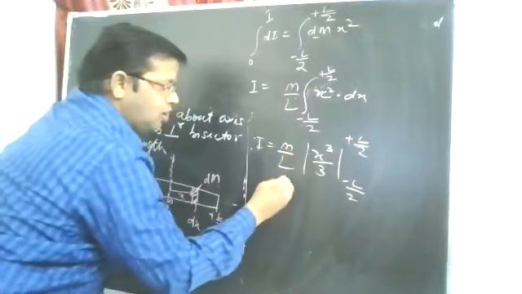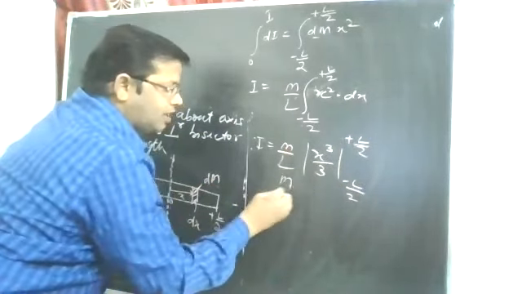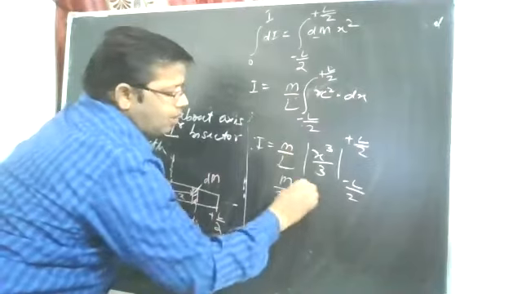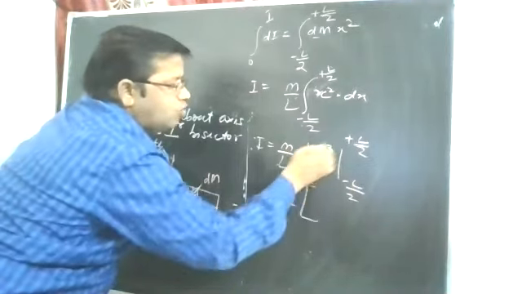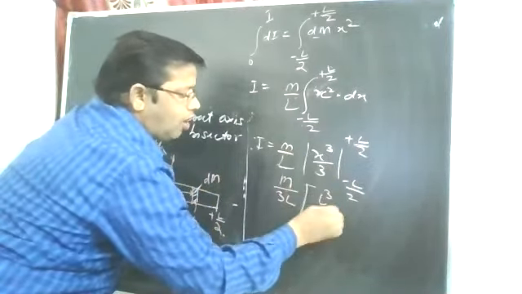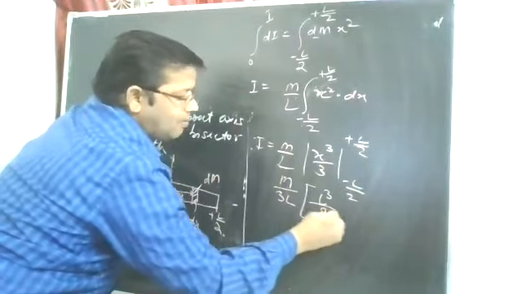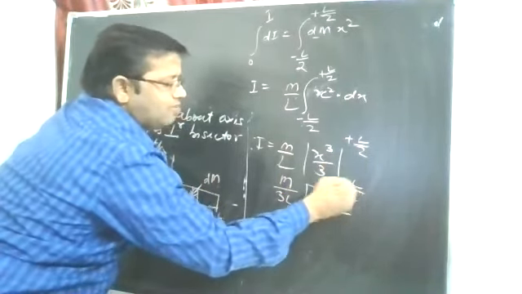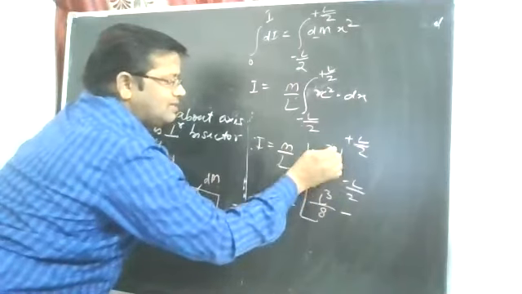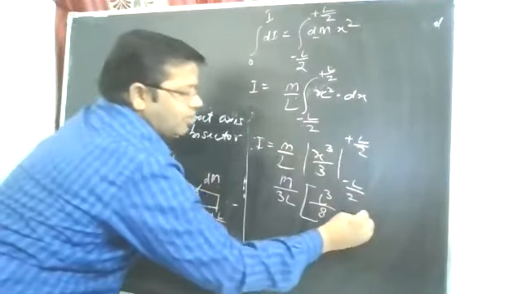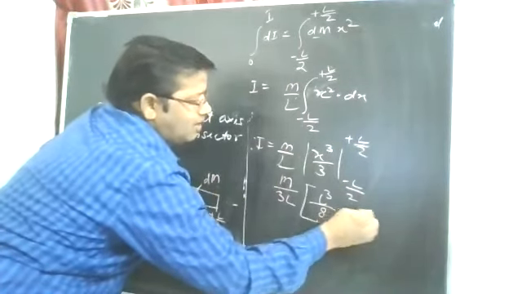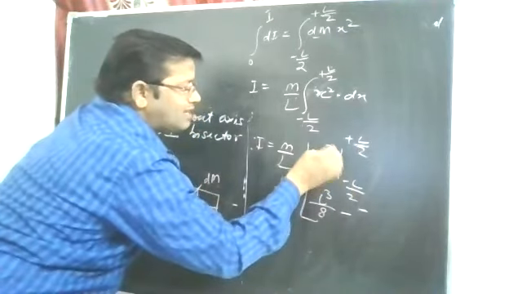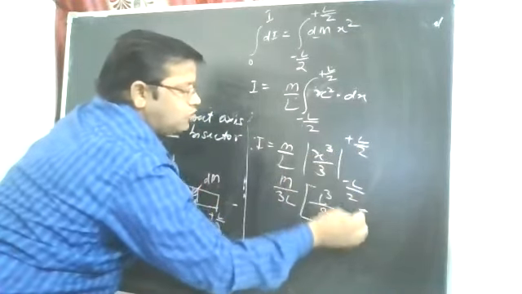Now put this value, m by 3L, the constant, taken outside. Now put the upper limit, what is the upper limit? L by 2 whole cube, L cube upon 2 cube, 8, minus, what is the lower limit? Minus L by 2 whole cube. Since the power is odd, the sign remains minus. If the power is even, like 2, 4, 6, 8, then this becomes positive.